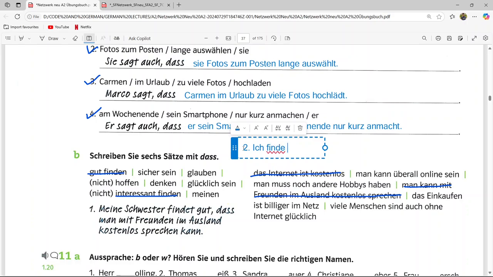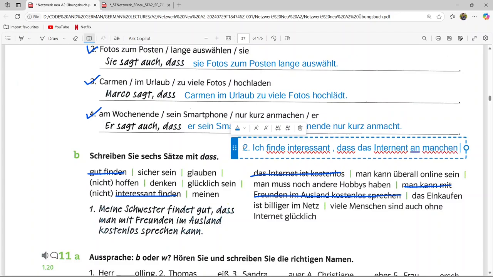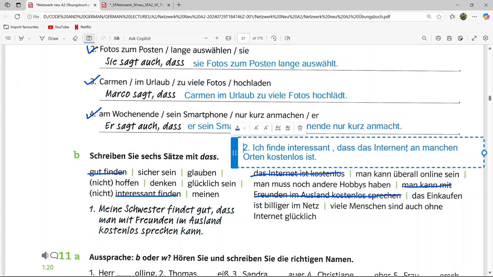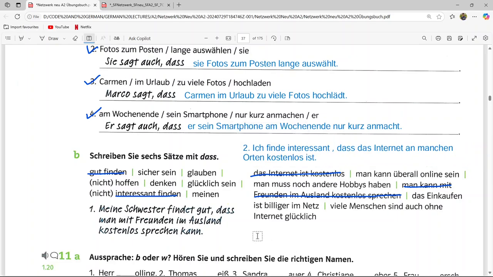Ich finde interessant das Internet an manchen Orten kostenlos ist. So I find it interesting that internet in some lands are free. Okay, like this.